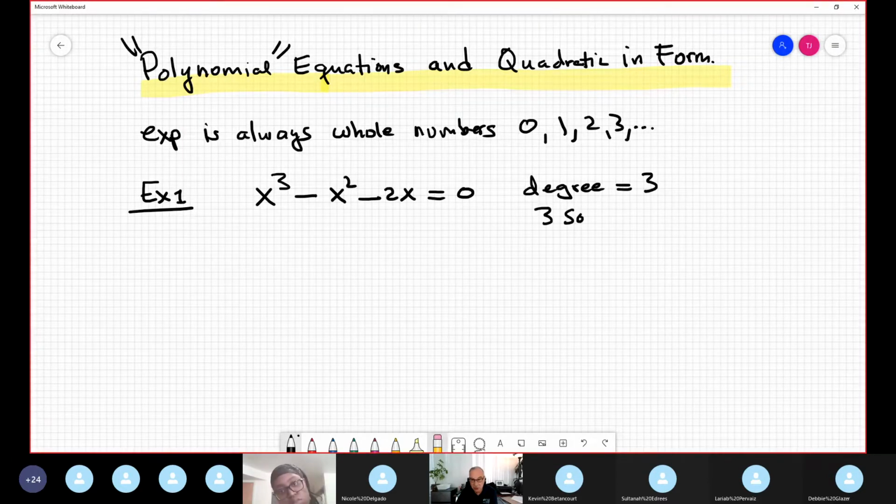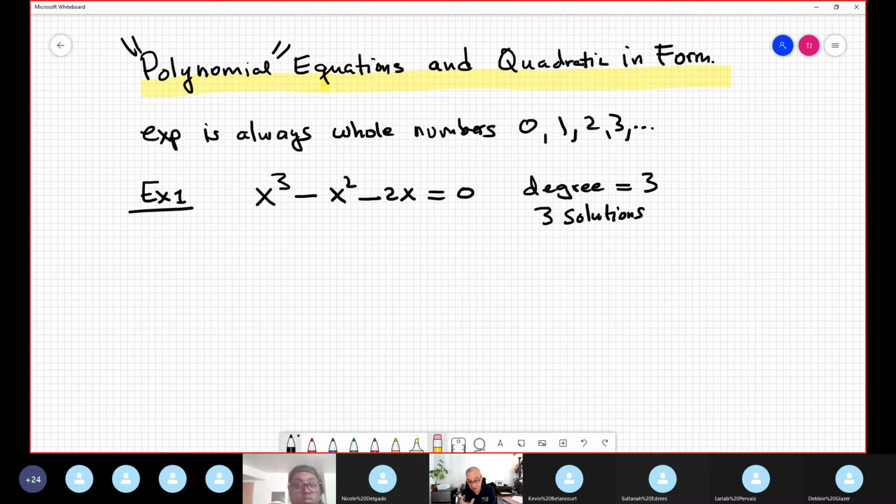3 solutions. This is classical, and only in polynomials. Polynomials have this characteristic: the number of solutions is exactly the same as the degree, and the degree is the highest exponent. It's 3, so we have 3 solutions. This idea is not valid if the equation is not a polynomial.